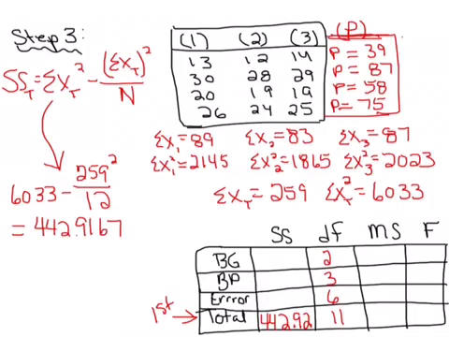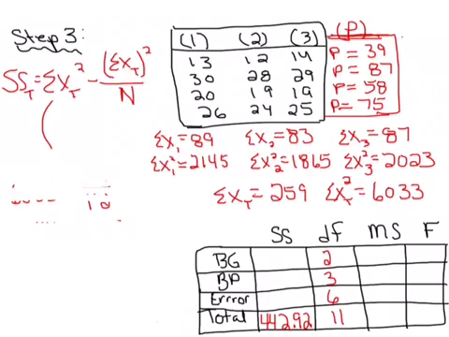So I'm going to do some erasing so that we have some room and we can just keep working on this area. So we're going to do our sums of squares between groups next.